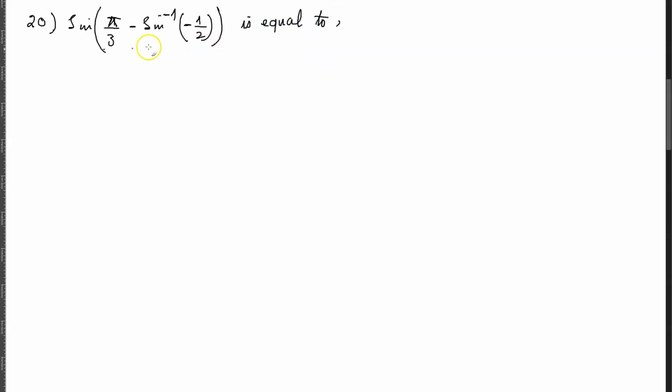Now, question number 20. Question number 20 is: the sine of pi by 3 minus sine inverse of negative 1/2 is equal to: A, 1/2; B, 1/3; C, 1/4; and D, 1.